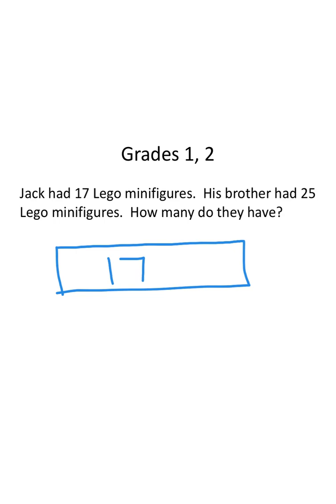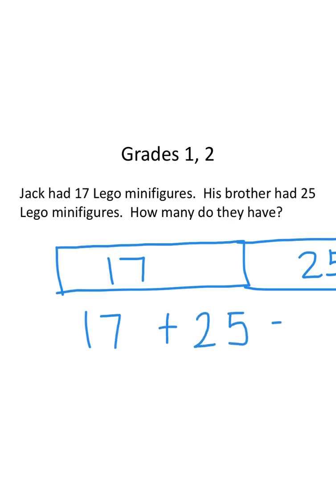Jack has 17. His brother has 25. Those are my parts. We need to find out the whole. So 17 plus 25 equals 42. And again, you're going to have to teach them strategies to solve that. But that would be your algebraic equation.